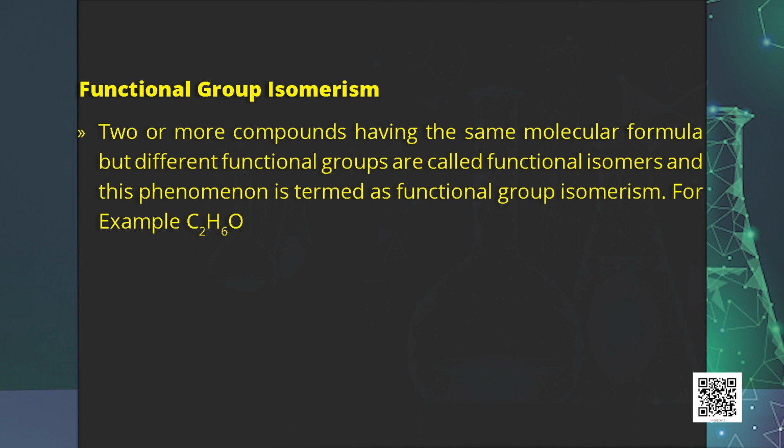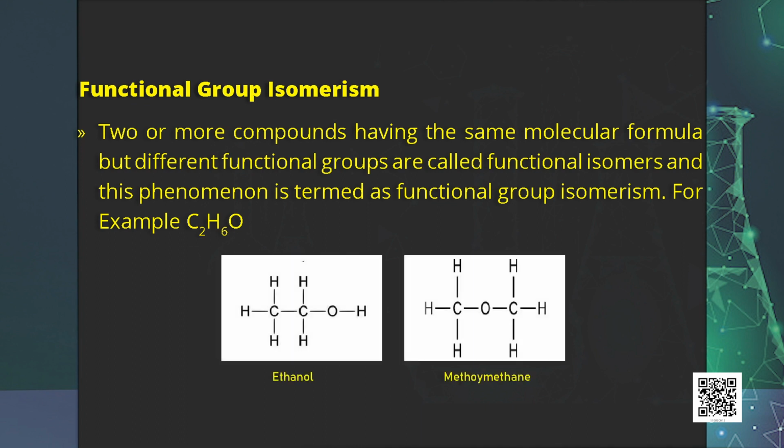Moving on, next isomerism is functional group isomerism. 2 or more compounds having the same molecular formula but different functional groups are called functional isomers and this phenomenon is termed as functional group isomerism. For example, the compound C2H6O.